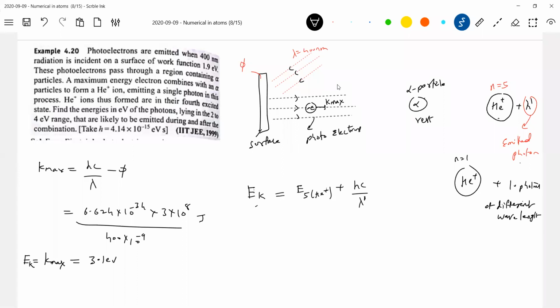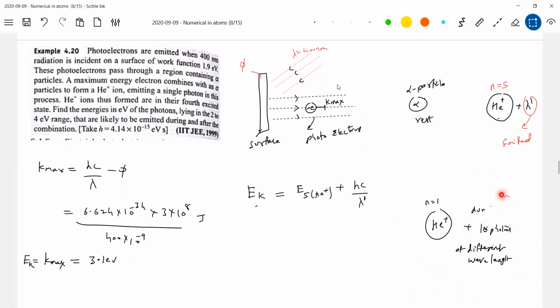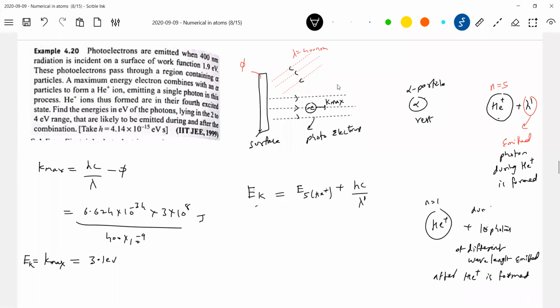Please try to imagine. So this is what happens here. This is the emitted photon during helium plus formation. And 10 photons of different wavelengths are emitted after helium plus is formed, after and during.